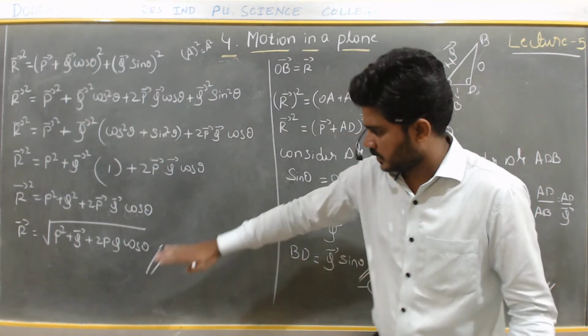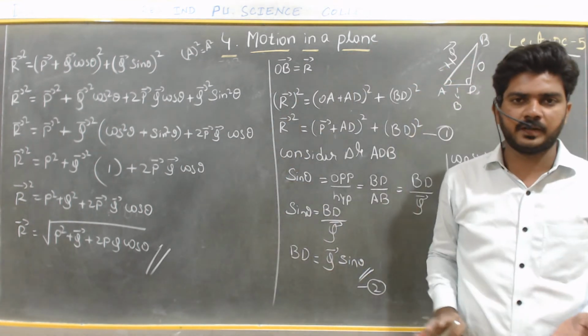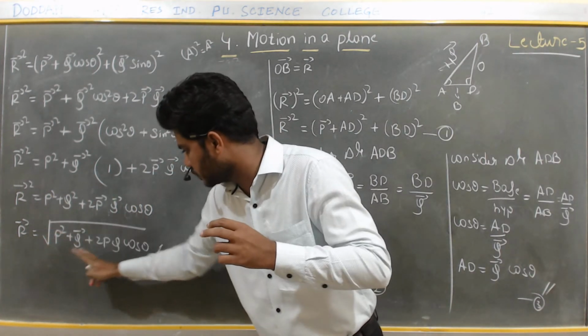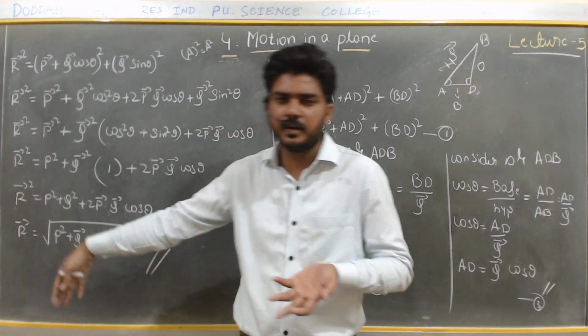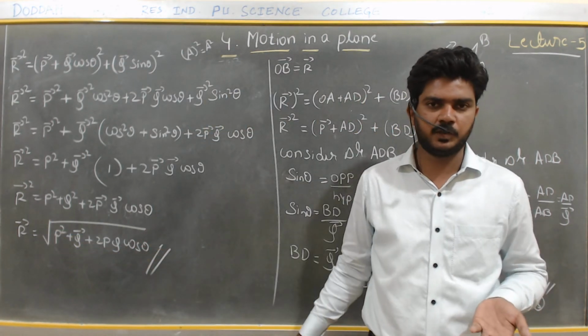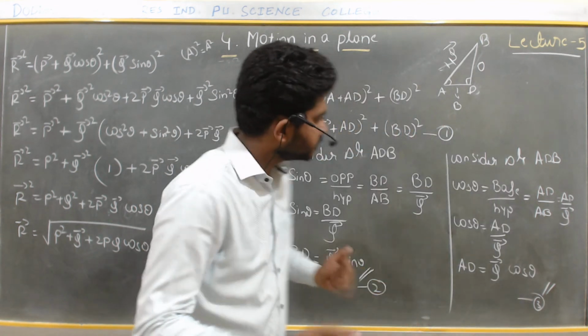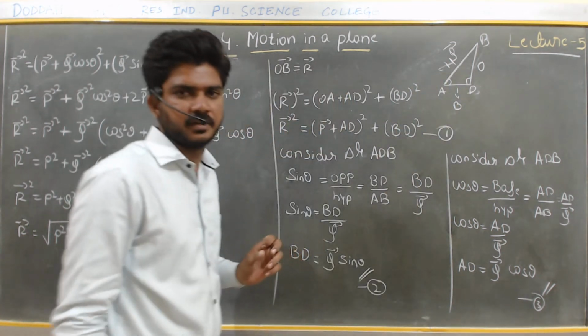See the same value we have got as we have got in the triangle law of vector addition. Simply there we had a square plus b square plus 2ab cos theta, but here we have taken different letters, which are p and q, right? So this gives the magnitude of the parallelogram law of vector addition, right?